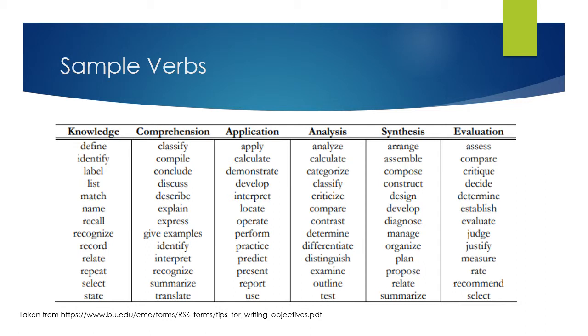So for example, on the left-hand side, under the knowledge level of taxonomy, defining or identifying, those are much simpler levels of learning as compared to when we get to the synthesis and evaluation.